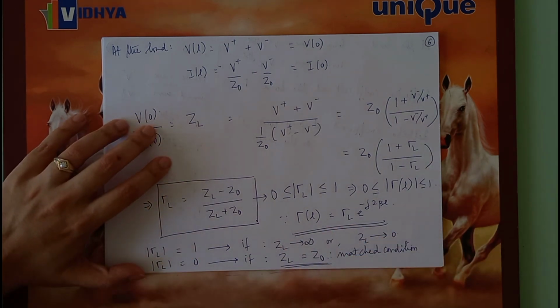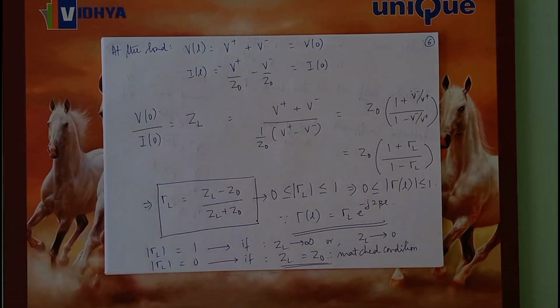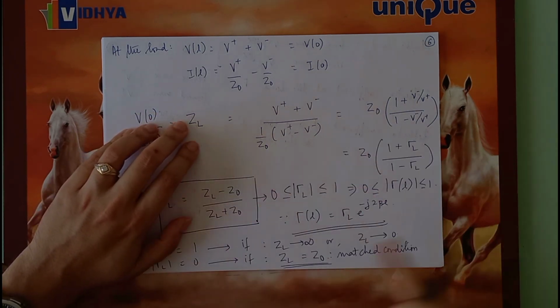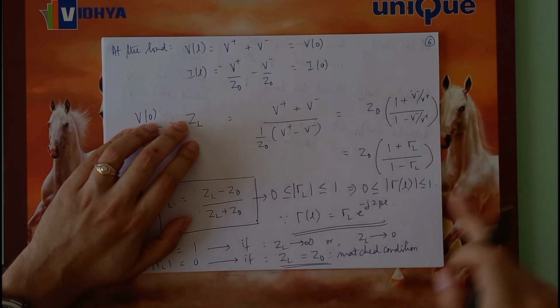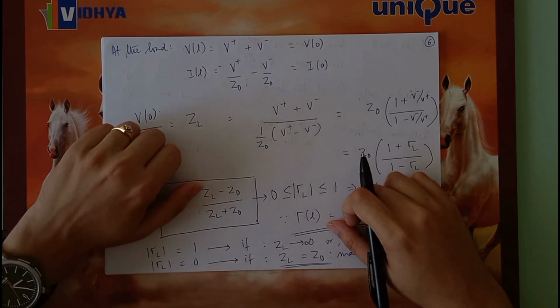So therefore, matched condition is very, very desirable. And a lot of our work in this course, at least for the first half of the course, would have something or the other to do with matching. So now you know that having reflections in a circuit or having reflections in a line is not good from the energy perspective.